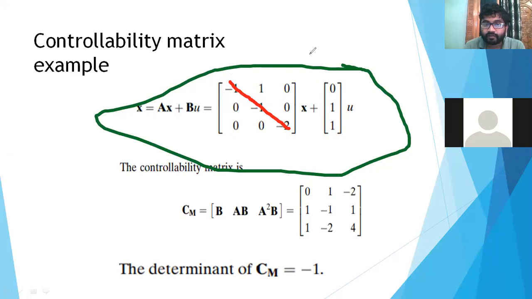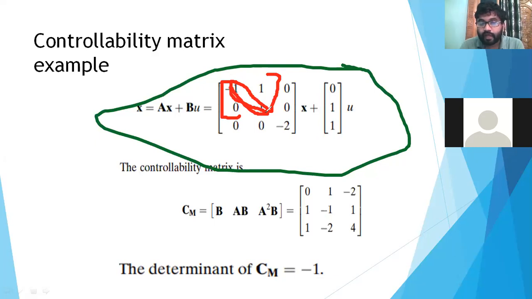The conclusion is, even though the system is represented in parallel form, and even though the system seems to be not controllable, we cannot proceed like this. Why? Here it has a repeated root, -1 is repeated.